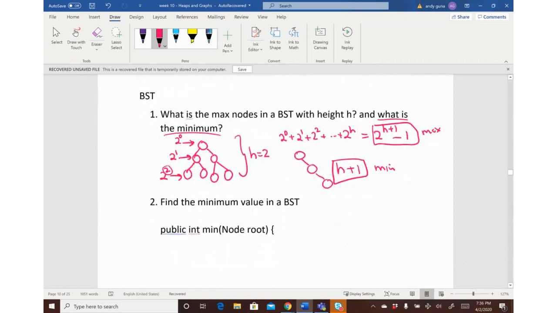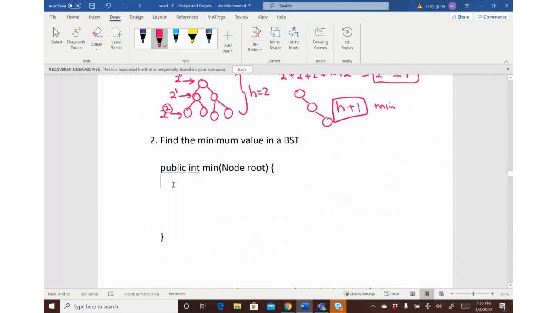Now, let's do some code, because you may have to write code in your test. Let's look at the code with this particular thing. You can try to write yourself the code for finding the minimum node in a BST.